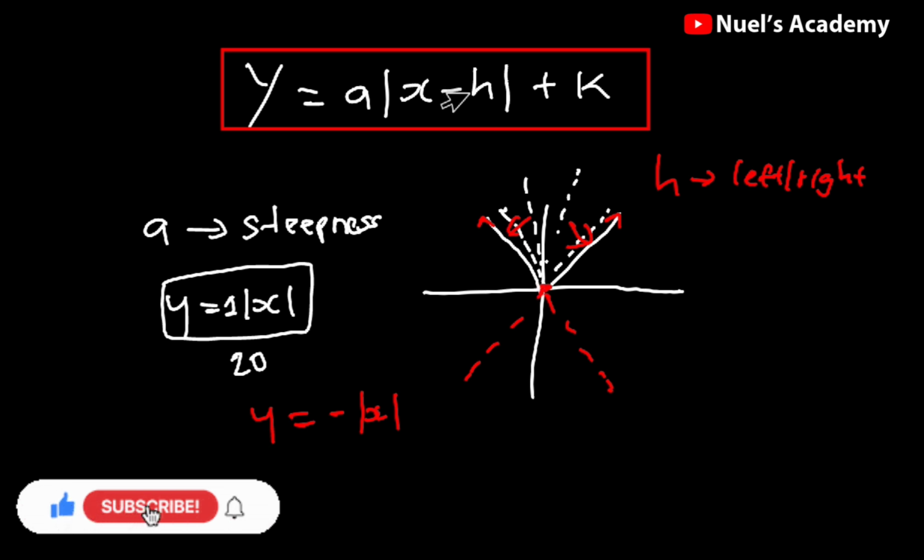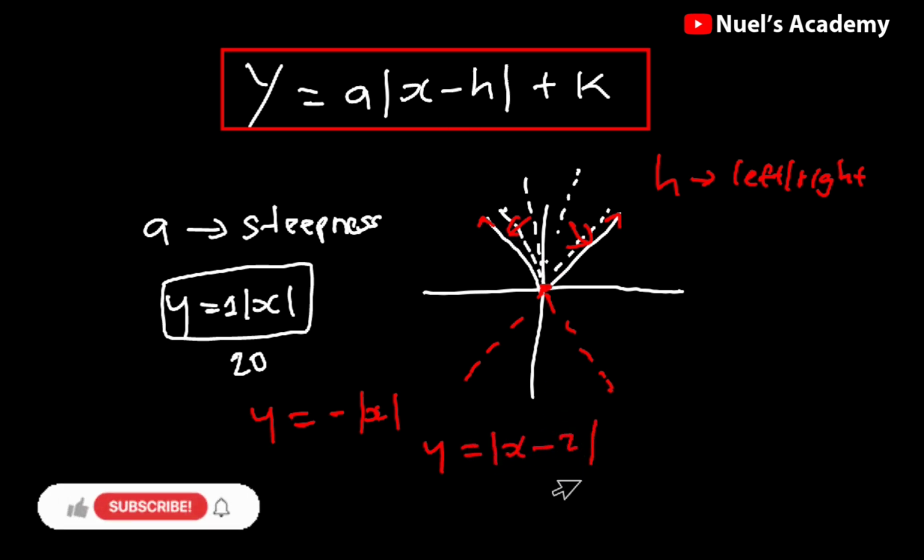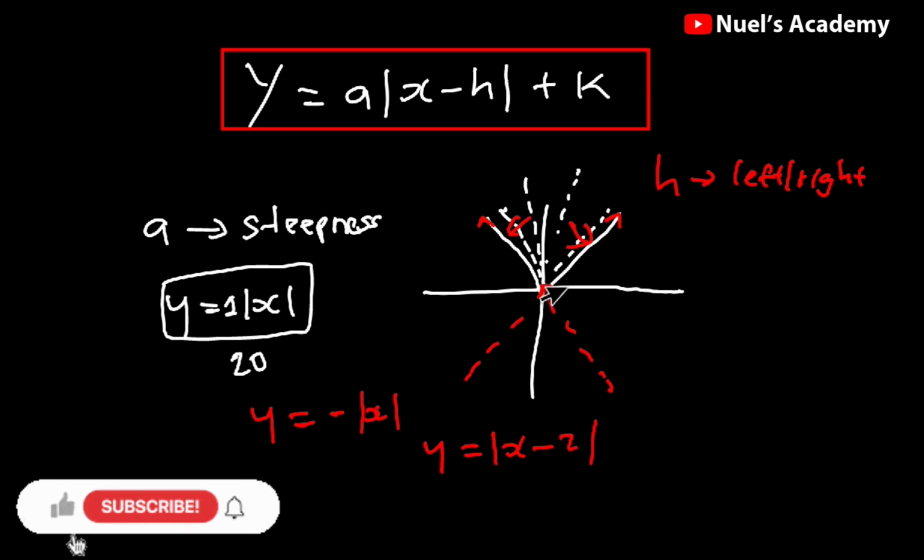Now, assuming we have an absolute value function where y is equal to the absolute value of x minus 2, h is going to be equal to 2, and then this graph will shift 2 places to the right. That is 1, 2. This graph is going to look like this. So that's what h does, either to the right or to the left.